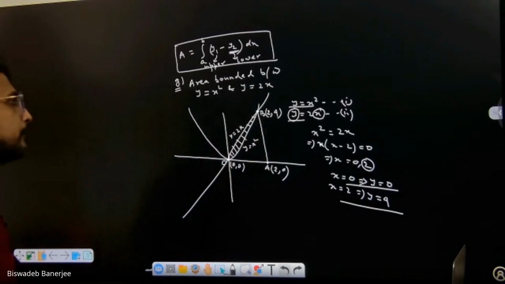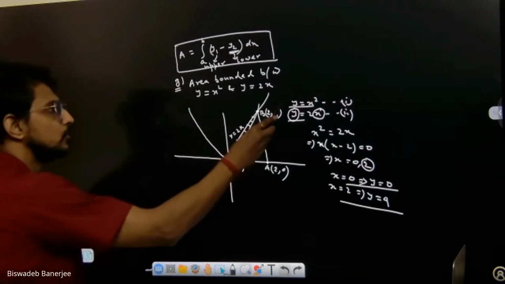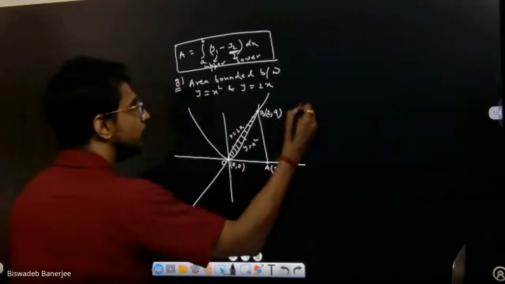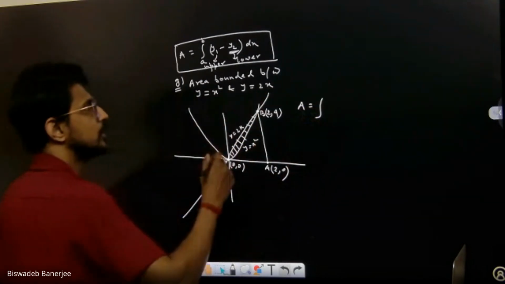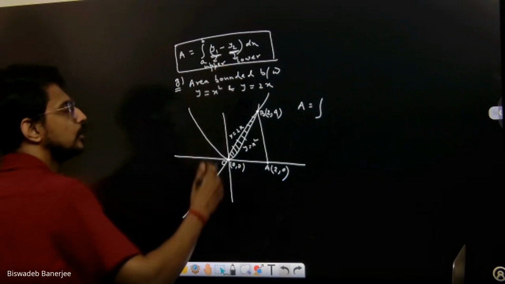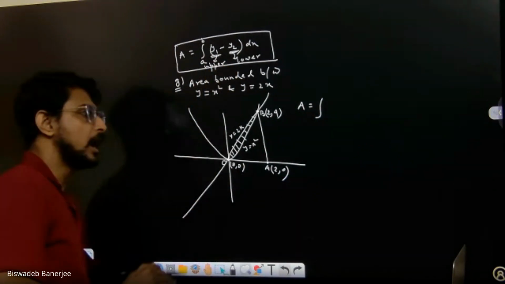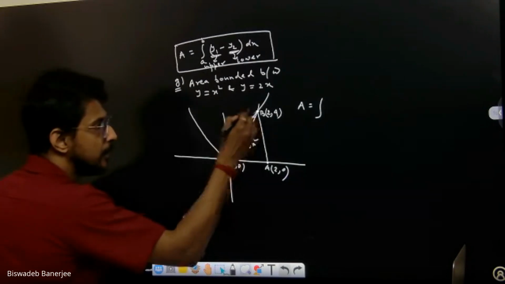So here my formula of area will be the integration of the curve that lies in the upper part minus the curve that lies in the lower part.